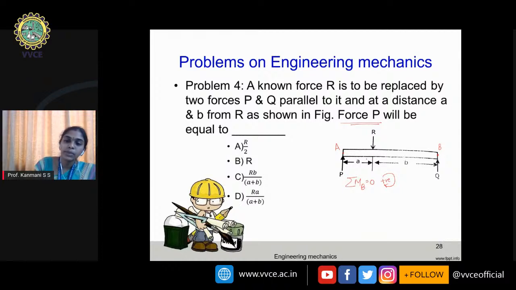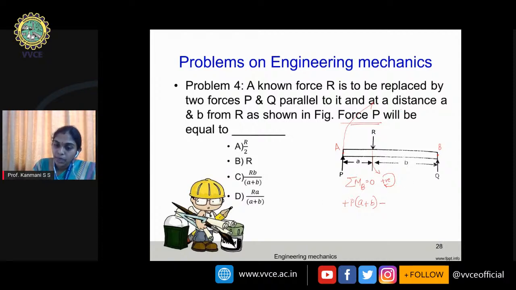About point B, P is rotating like this. P is moving in the clockwise direction. So I'll put plus P into the distance from B to P, which is A plus B. So I will write A plus B. This is the moment due to force P: force into distance. About point B, the other force I have is R. R is moving like this in the anti-clockwise direction.